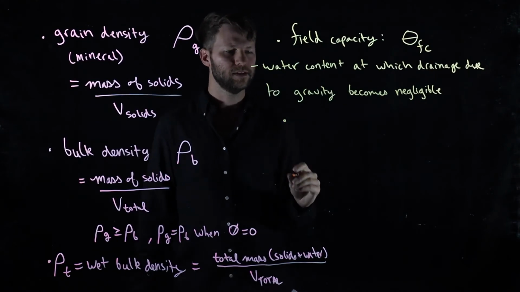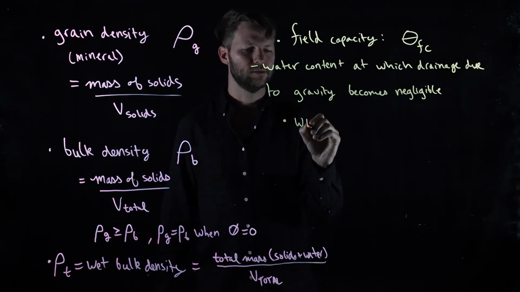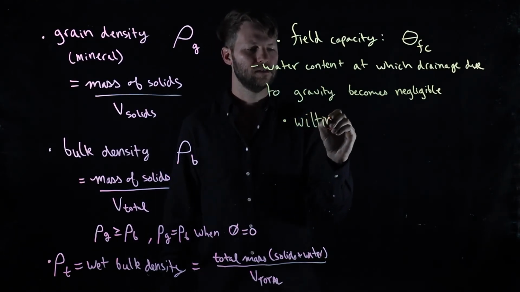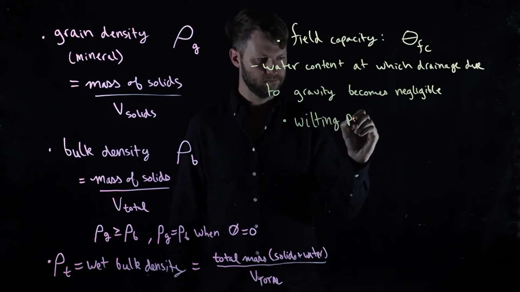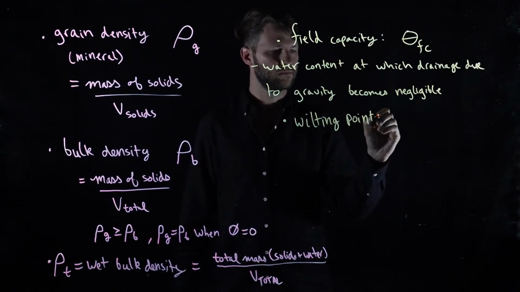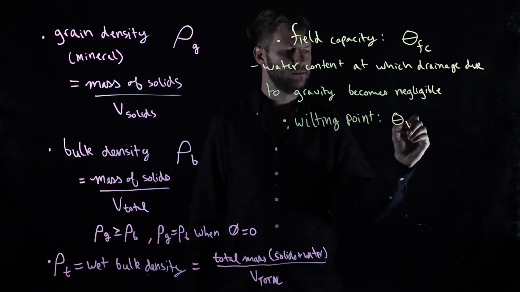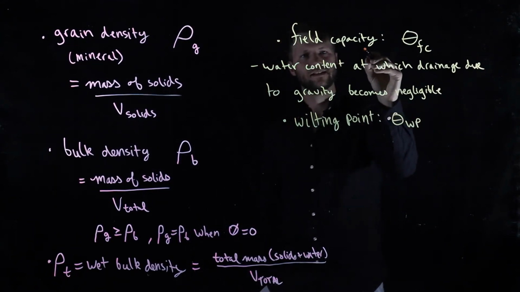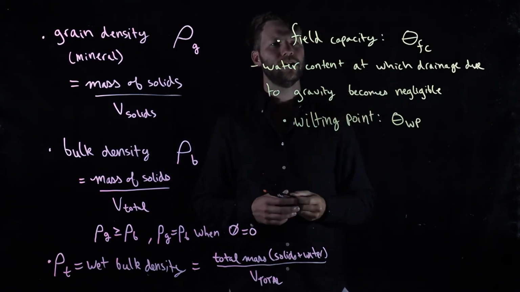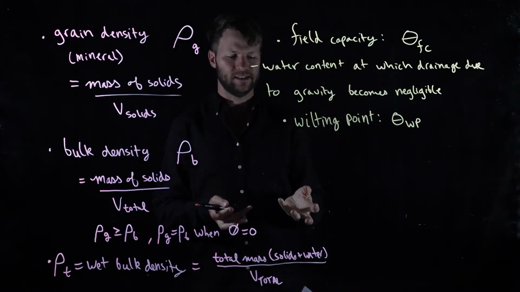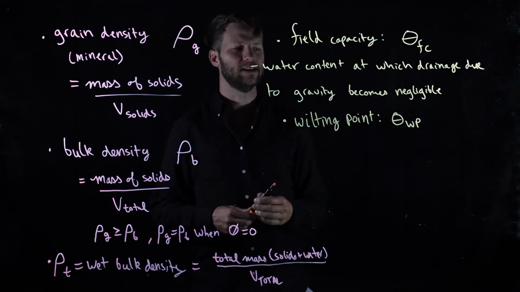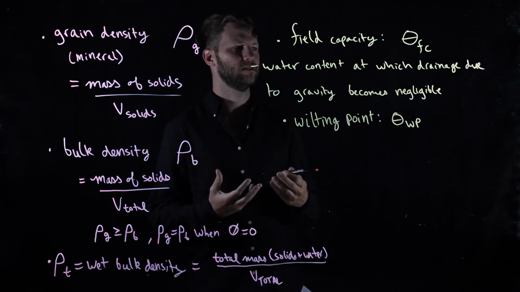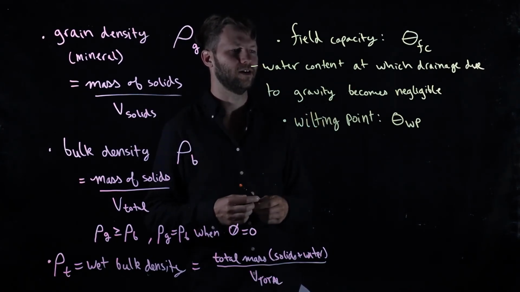In parallel with field capacity, we will define a term known as wilting point. Theta sub WP. And the idea here is that once the sponge is out of water, there's still water in it, but plants can still, with their roots, suck water out of that sponge, and they can pull the water up and transpire that water.